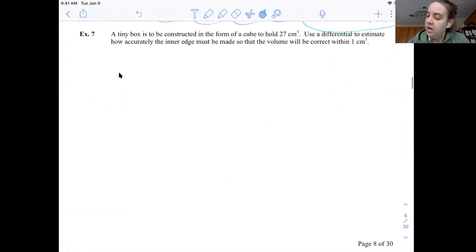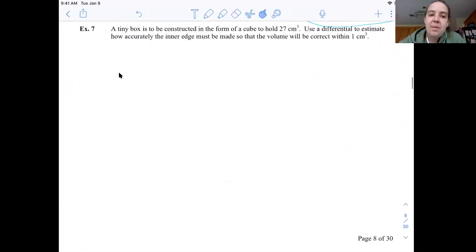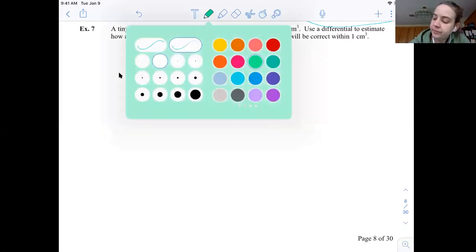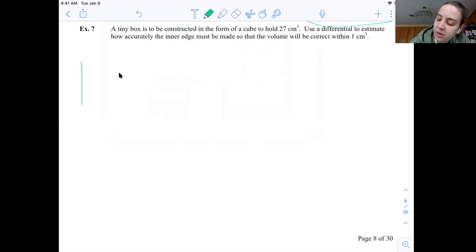And here we go. Number 7, a tiny box is to be constructed in the form of a cube to hold 27 cubic centimeters. Use a differential to estimate how accurately the inner edge must be made so the volume will be correct within 1 cubic centimeter. So we're talking about a cube here. So here's my cube.